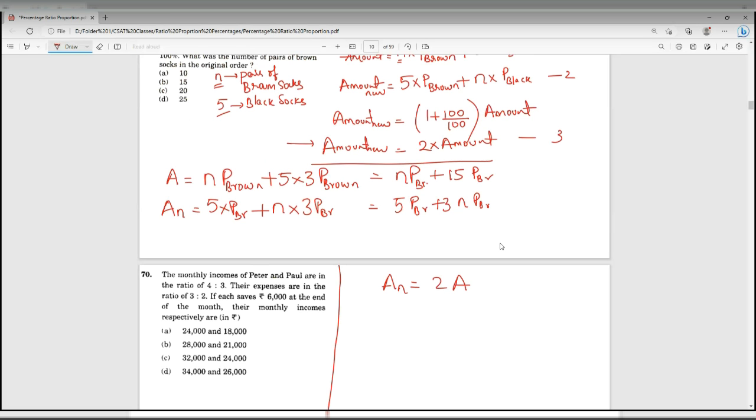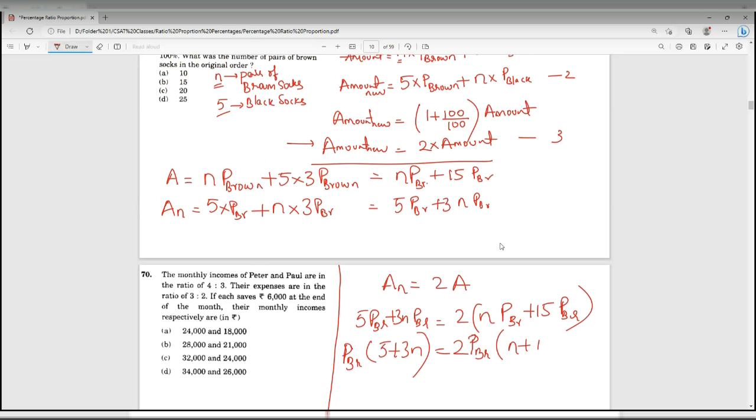We have this amount as 2 into N PBR plus 15 PBR, and this A new is equal to 5 PBR plus 3N PBR. If we take PBR common, that is the price of each brown pair, we have 5 plus 3N is equal to 2 into PBR into N plus 15.